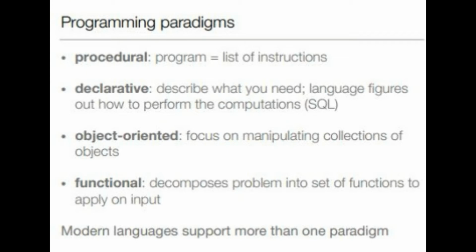And the last is the functional programming paradigm. This one decomposes the big problem into a set of functions, and it applies that set of functions on the input that it receives. So it is something like using a lambda function in Python. Modern languages will support more than one paradigm anyway.